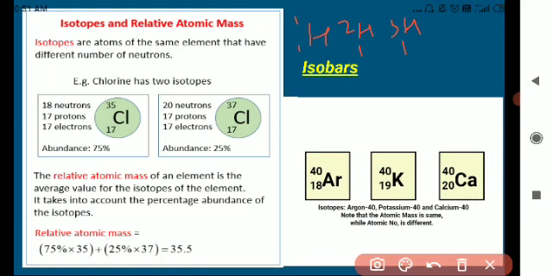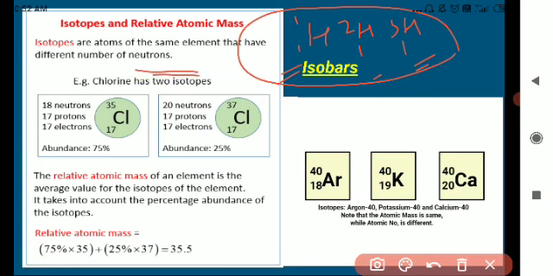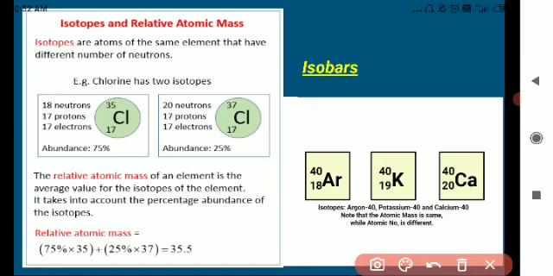The first one is known as protium, the second is deuterium, and the third is tritium. So these are the three isotopes of hydrogen. What we have learned here is that the mass number is different but the atomic number remains the same. That means their neutrons are different. If we calculate, their neutrons will be different.